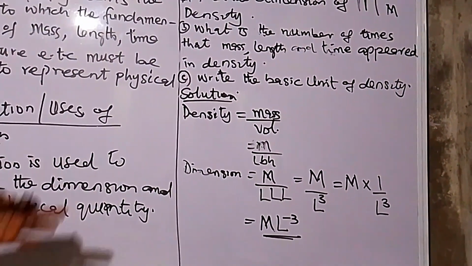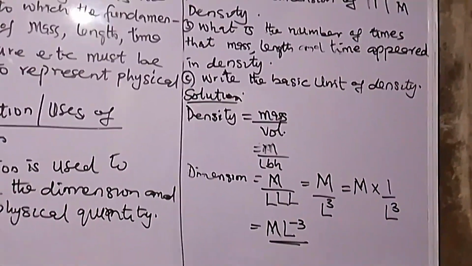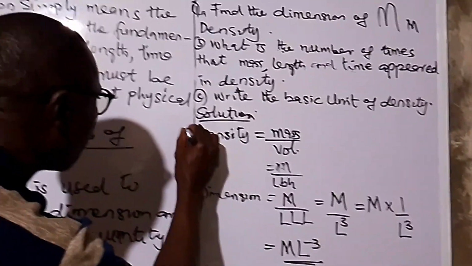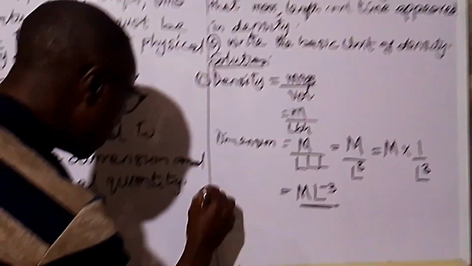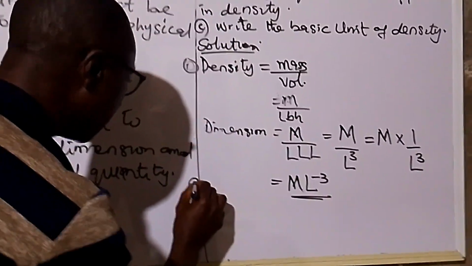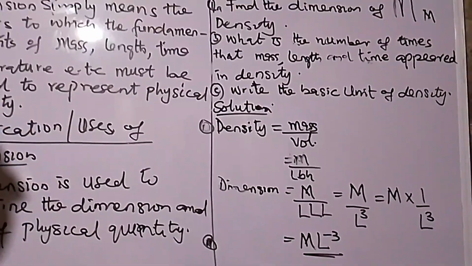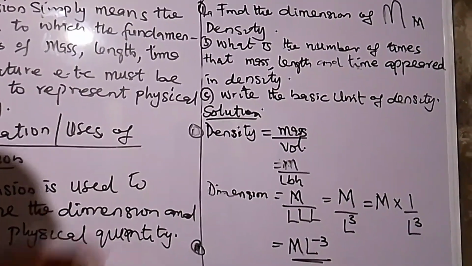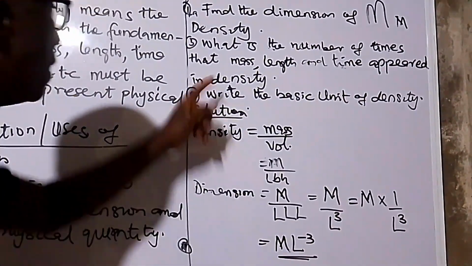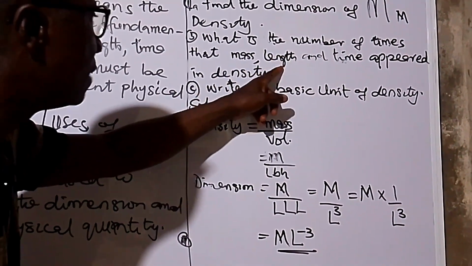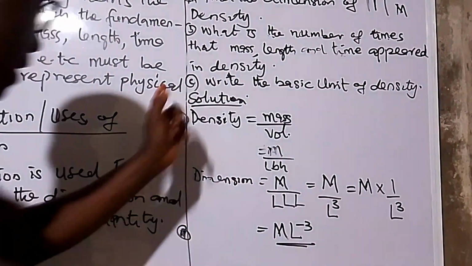That is the answer to question 1. To answer question 2, the question says, what is the number of times that mass, length, and time appear in density?